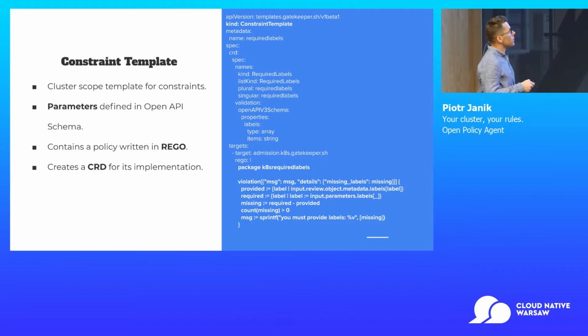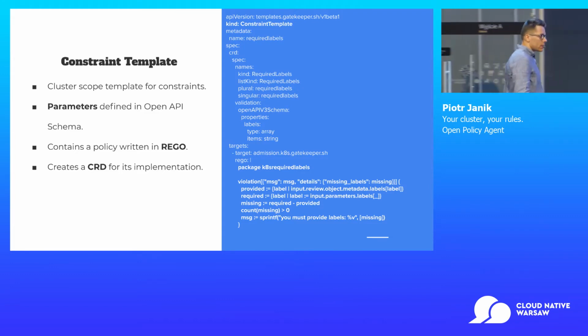And these are the provided keys for labels. We do the same for required, but now we're referring to parameters which will be provided in a constraint. A little bit of math, and if there are more than 0 missing, then we return a violation.